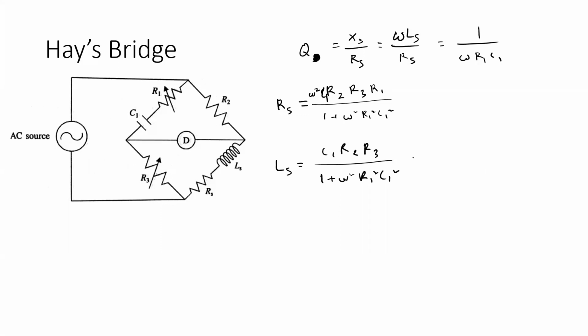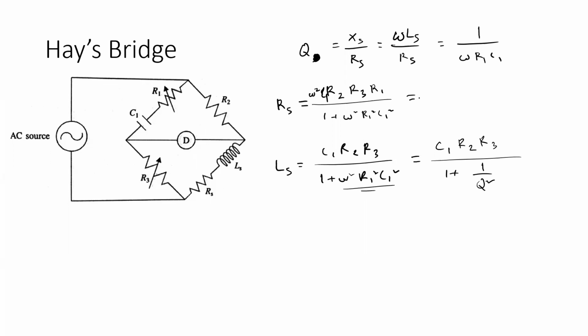Now, for the Ls, we can rewrite this whole expression in terms of the quality factor to be C1 R2 R3, and the quality factor is actually nothing but the reciprocal of this term, so we can write it as 1 by q square.